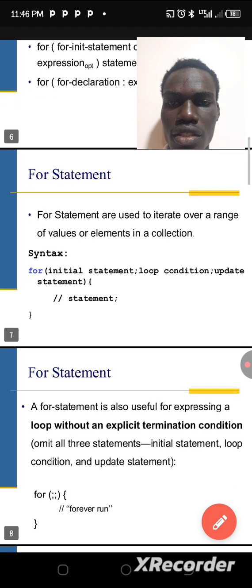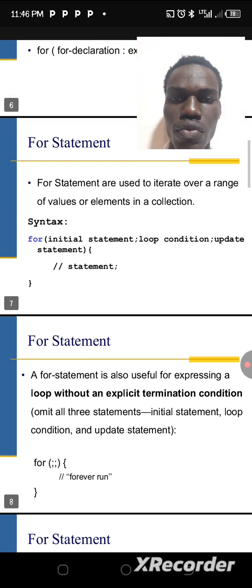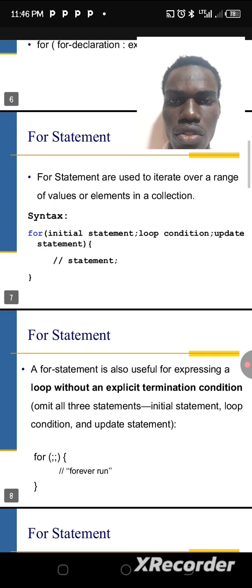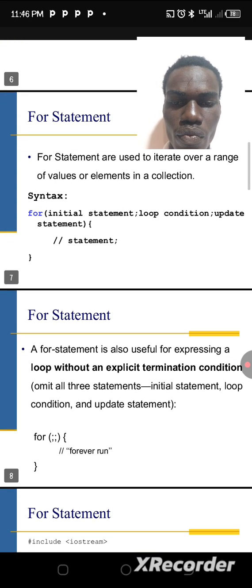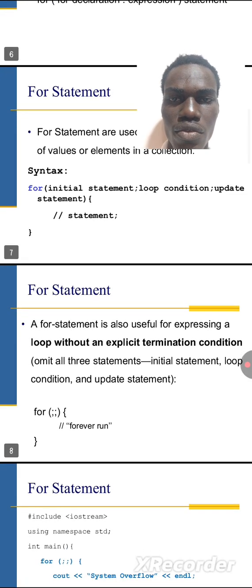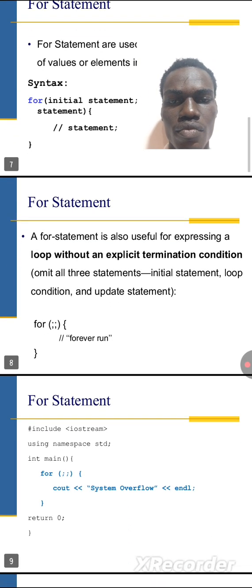So here's the syntax. For you to use the for loop statement, these are what you need to do for it to work. You first need to have the initial statement, and after the initial statement, you use a semicolon, then the loop condition, then the update, and then the statement.